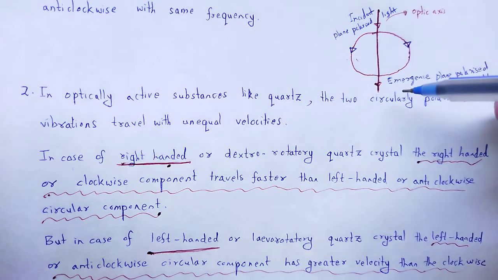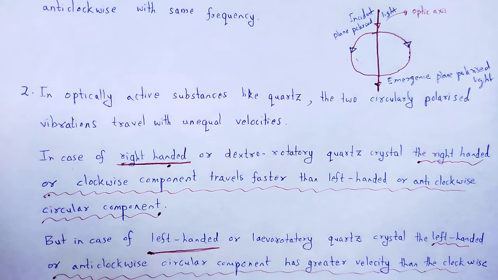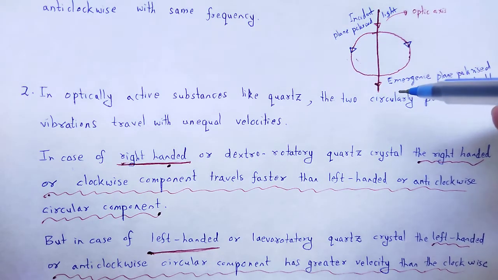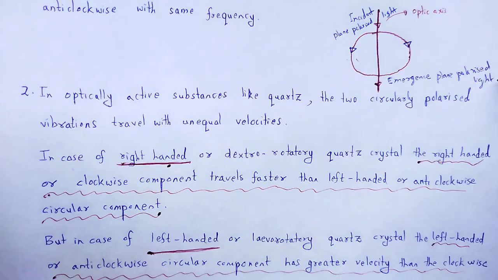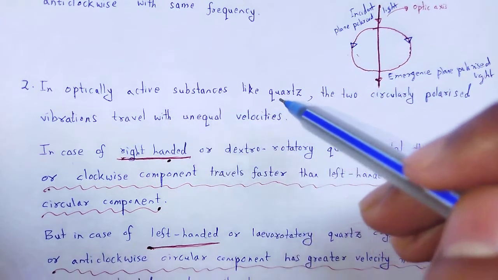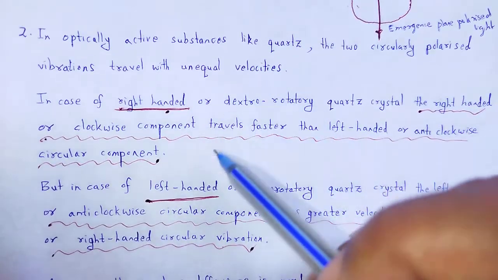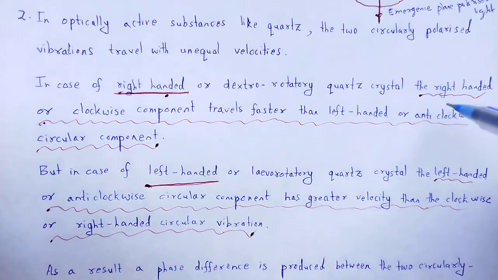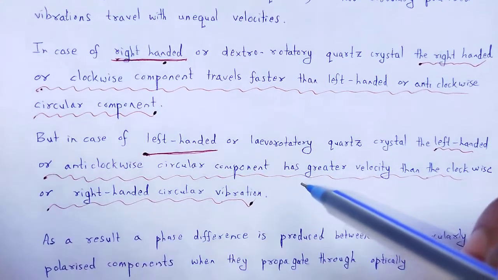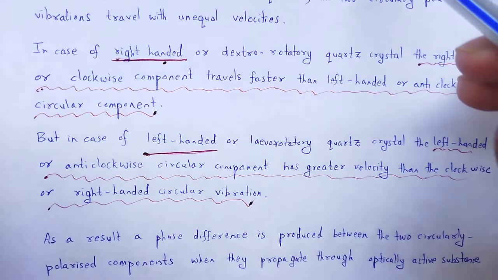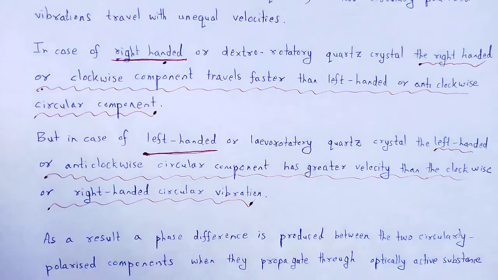After that, the emergent light is also plane polarized, meaning these two circularly polarized components are superimposed to produce the plane polarized light. Depending on whether the substance is right-handed or left-handed, there will be a variation in velocities. As a result, there will also be a phase difference between these two circularly polarized components.